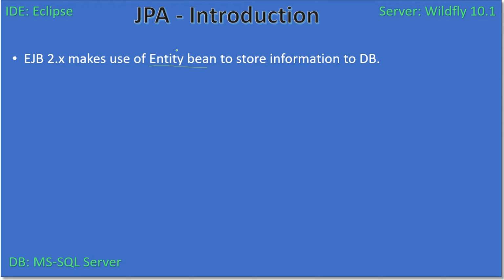Using an entity bean, one can store that state information in the DB so that the state information can live across the browser session. That means the user can disconnect the browser, go to a different location, and bring back the state.